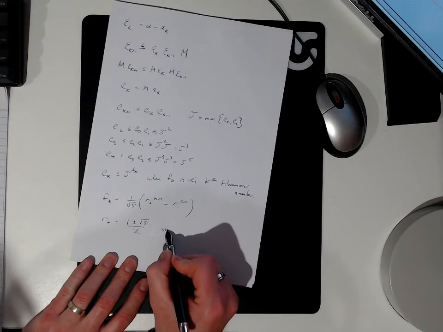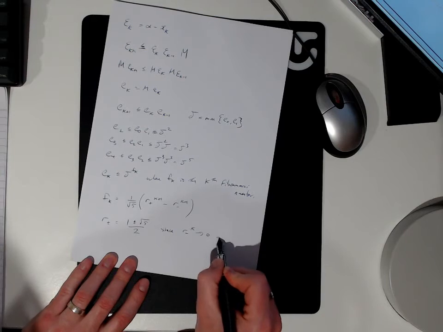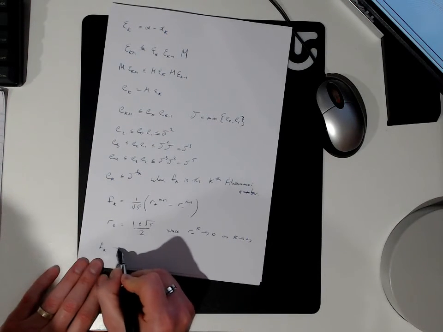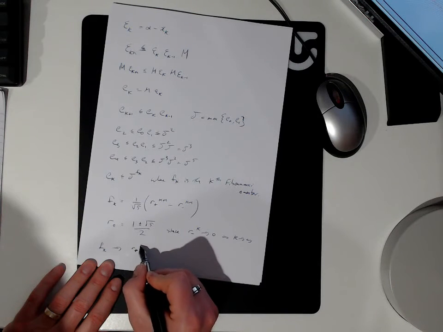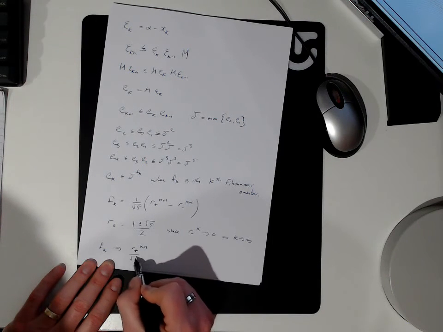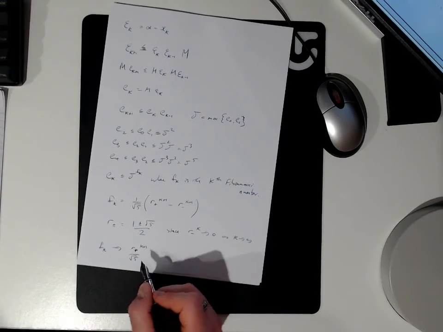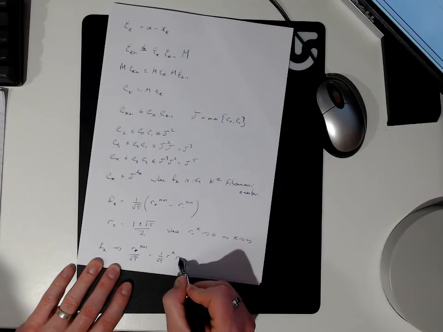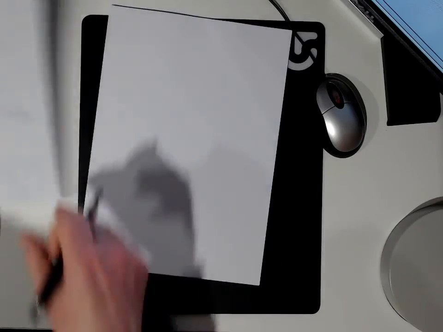Now, since r minus to the k goes to 0 as k goes to infinity, F_k tends to r plus to the k plus 1 over the square root of 5, which is 1 over the square root of 5 times r plus to the k plus an extra 1.